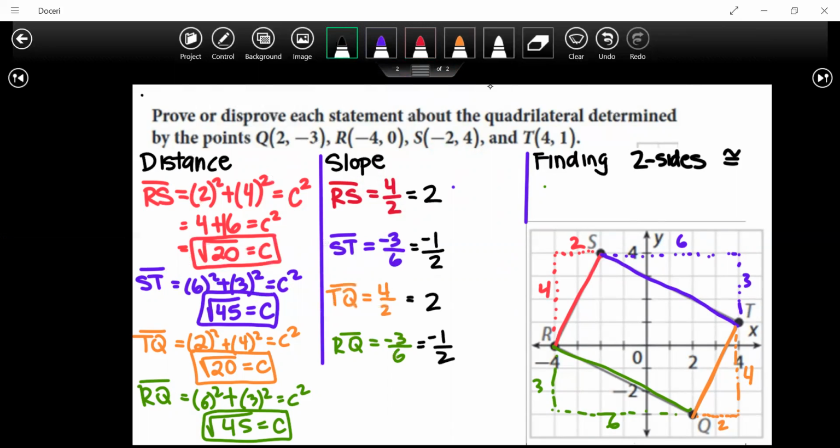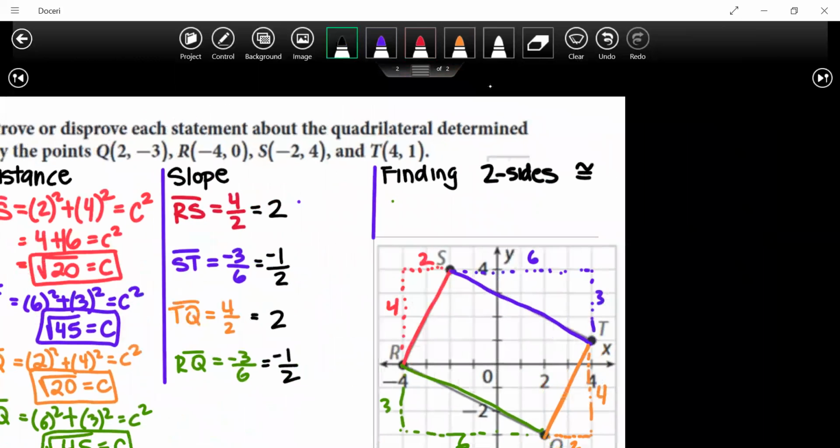What do we have? What's the easiest one to determine with slopes? Two pairs are parallel. Yeah, two pairs parallel. What else do we know? Do we have any perpendiculars? These are perpendicular.